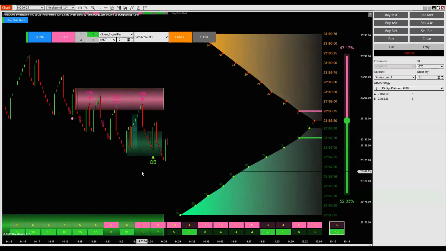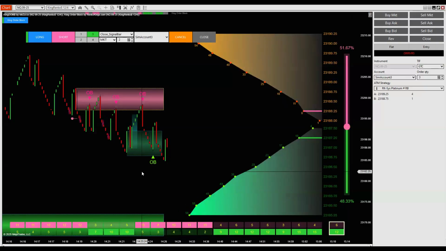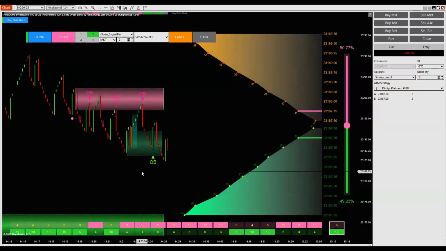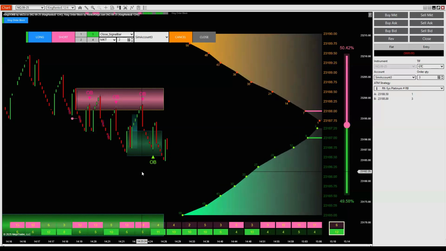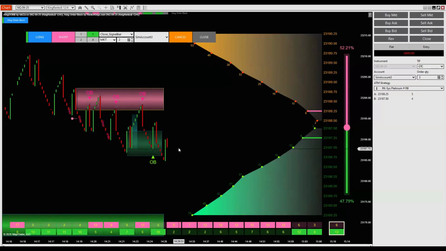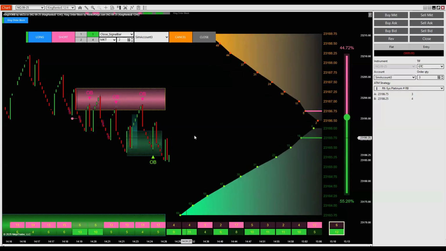I'm just trying to see if they're going to get to 171. You see, if there were enough buyers here, it would take a trade anywhere within the zone.